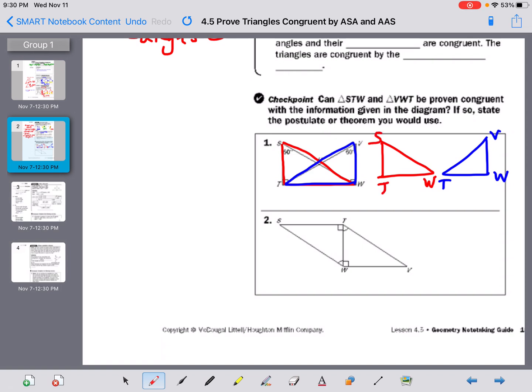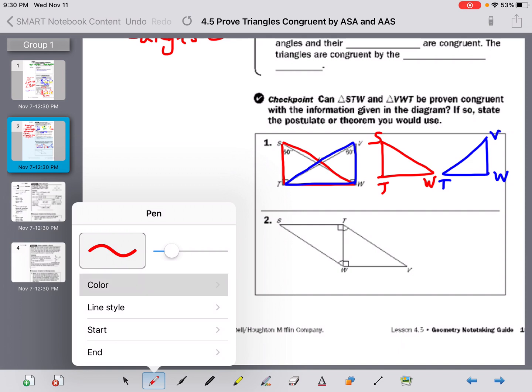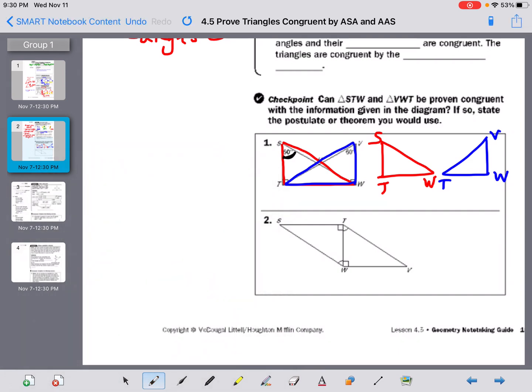All right, so is there anything I can see that I could mark on both of them? You see an angle of 60 and an angle of 60, so I can put that this angle and this angle are definitely the same. Anything else? You see a right angle down there at T and a right angle at W. So far, so good. Two angles, that's good. You think you see some vertical angles. Okay, be careful.